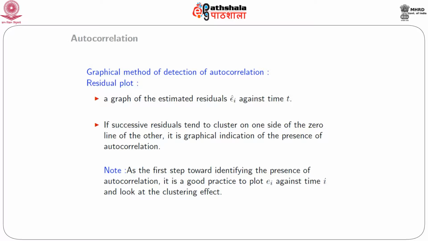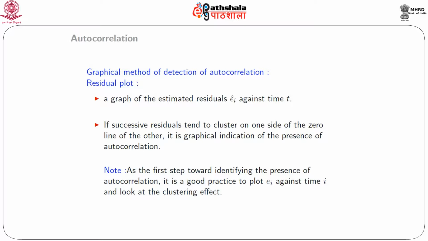But before we use remedial measures, we need to make sure that autocorrelation is indeed present in the dataset. And to that end, we have to look at several tests which help us detect autocorrelation. In this module, we will discuss 3 such tests, but the first method, the most common method of detecting autocorrelation, is the graphical method, which we will discuss here.